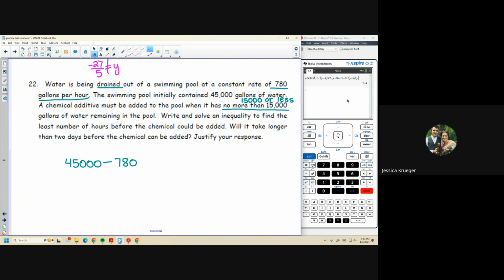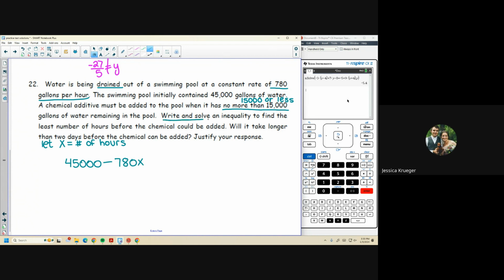So I'm not just subtracting it once, I'm subtracting it over and over and over again, which means it needs a variable. Anytime you write a variable, you want to write a let statement. I'm going to let X equal the number of hours. So the amount of water in the pool is represented by 45,000 minus 780X.